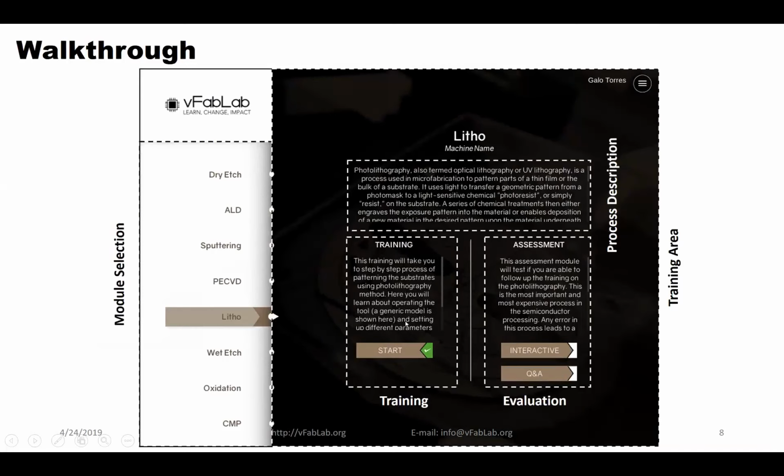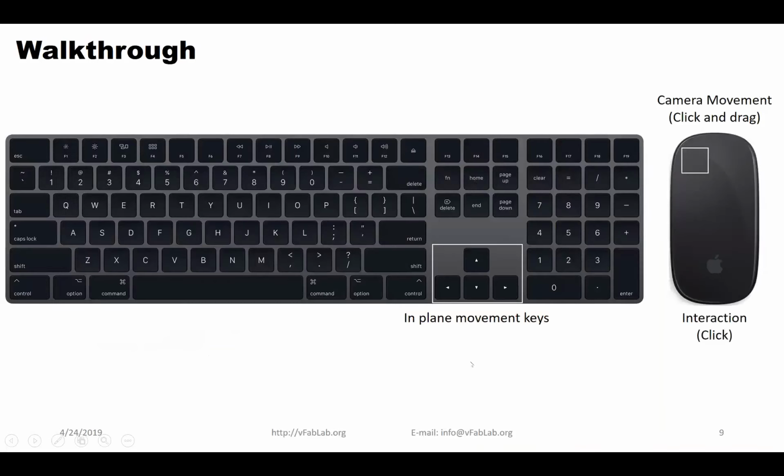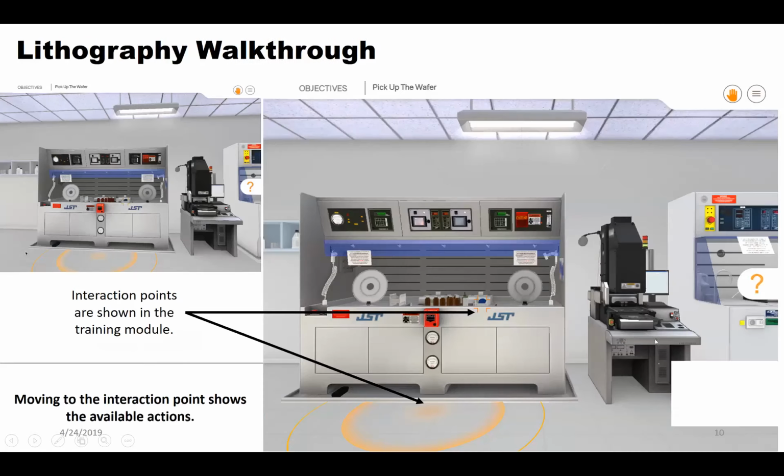If you are done with the training, then you can go for the evaluation where you can interactively go through this assessment module. You will need your keyboard, where the up, down, right and left arrow keys can be used for plane movement, or you can move the camera using click and drag. So interactively you can click and go there.